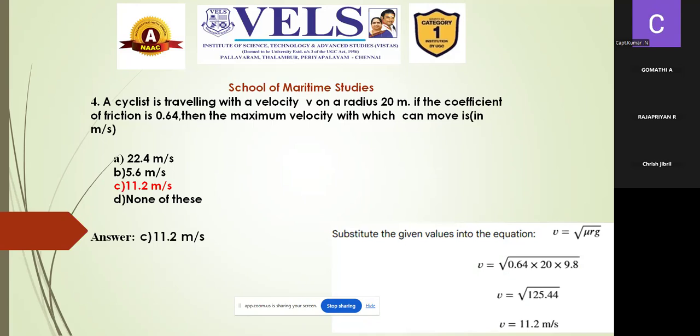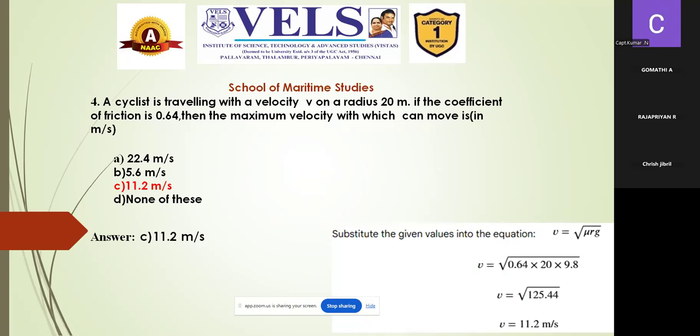In this problem, we need to find out the maximum velocity. A cyclist is traveling with a velocity v on a radius r equal to 20 meter. The coefficient of friction mu is equal to 0.64.